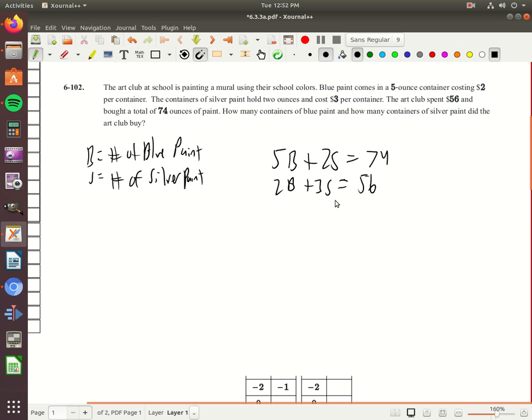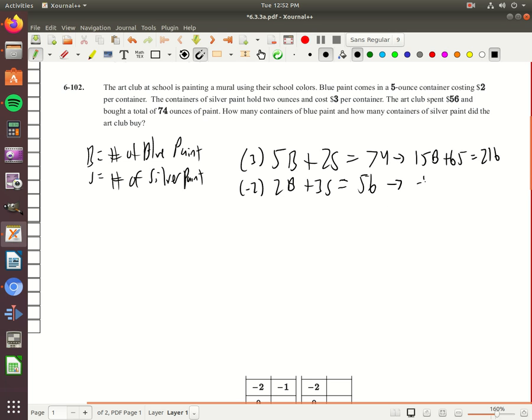Now again, it's just a matter of if you want to simplify to eliminate the B's or the S's. I'm going to go ahead and multiply the top by 3 and the bottom by -2. So I will get 15B plus 6S equals 216.